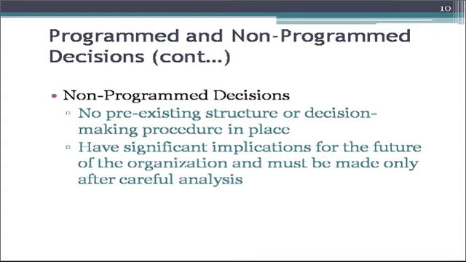They have significant implications for the future of the organization and must be made only after careful analysis, as there is no well-documented procedure available. The problem is new to the organization, so the decision must be taken after careful analysis.